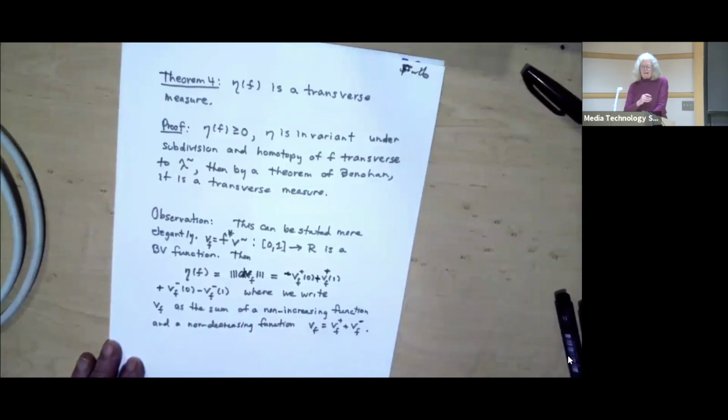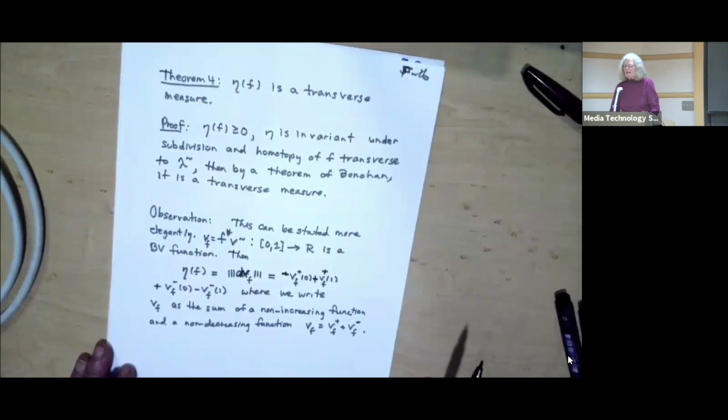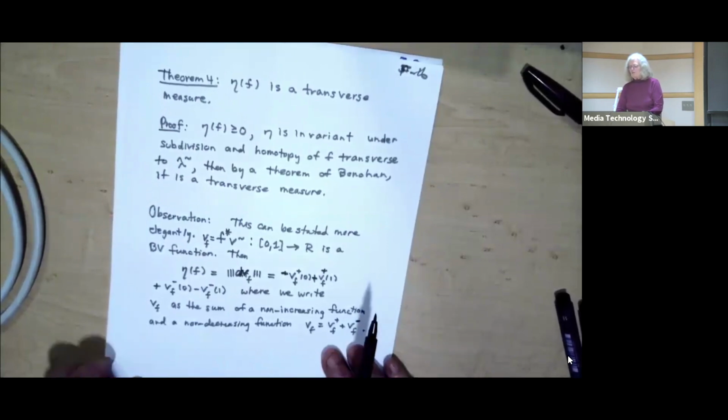In fact, that function splits. It writes the function as a non-increasing function plus a non-decreasing function, and the norm just takes the difference of the two at the endpoints and adds them. So it's the classical total variation.